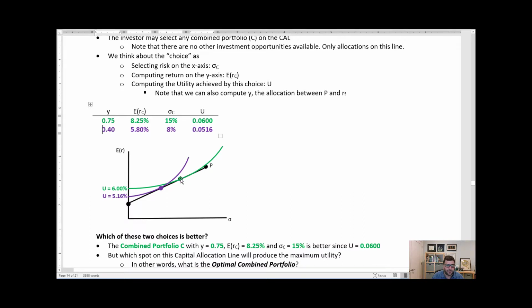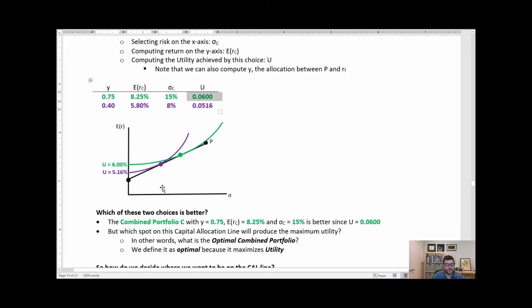I can also compute that this green allocation has higher utility, and so this allocation is better than this allocation. So which of these two choices is better? The combined portfolio C with y equals 0.75, a return of 8.25, and a risk of 15 is better since it has the higher utility.